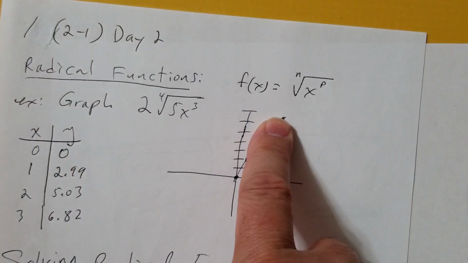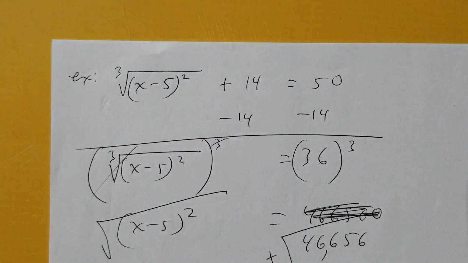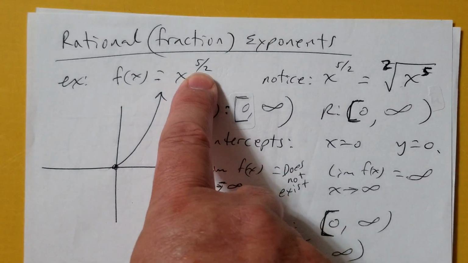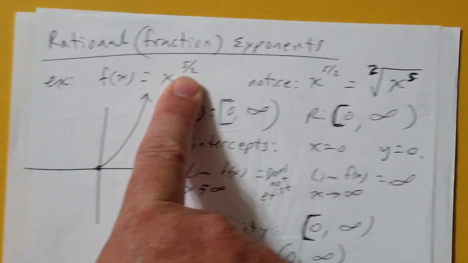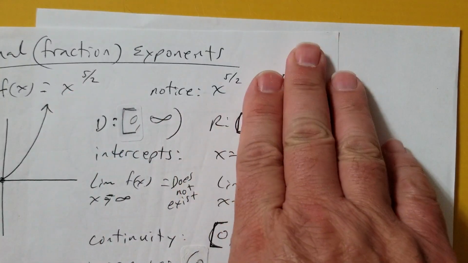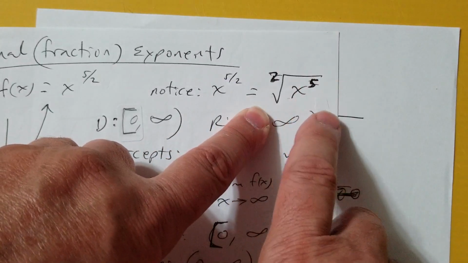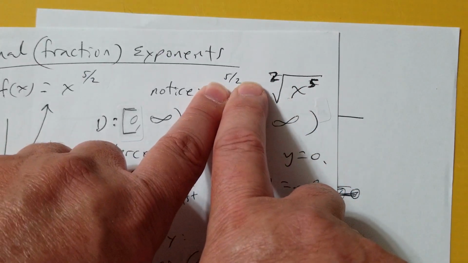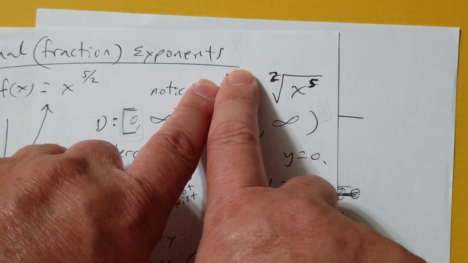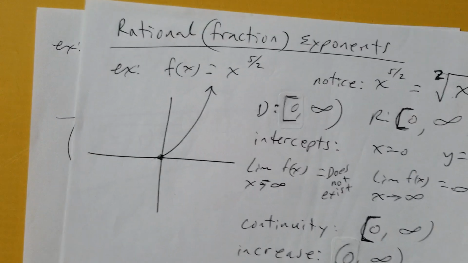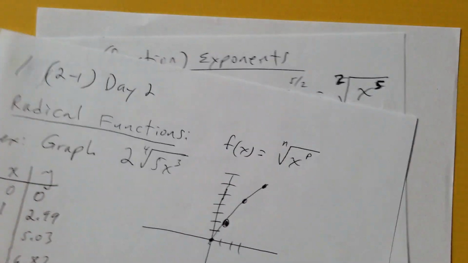We weren't solving this, we were just graphing this, okay? And then we had functions where you had a fraction power, and you can change that fraction power to a radical symbol where the radical part goes on the outside and the power goes on the inside. And you can graph that and analyze it. All right? That's all we did.